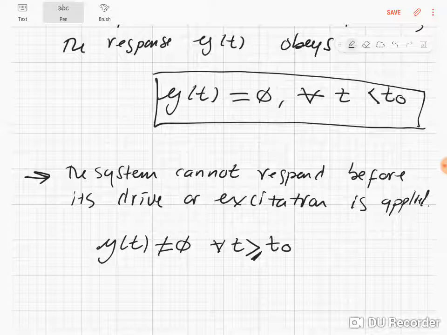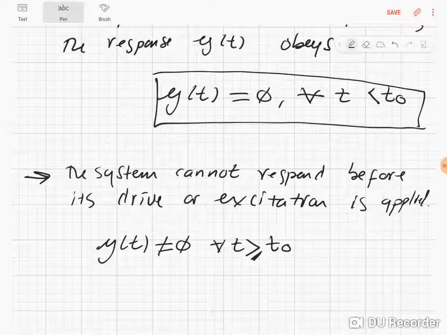So then you just have to make some parameter small enough, which is called the delay time, in such a way that once the system is excited, it responds. These types of systems are not physically realizable, because the delay time is 0 in this system. But of course, in theory, you can do whatever you want, as long as it obeys causality.